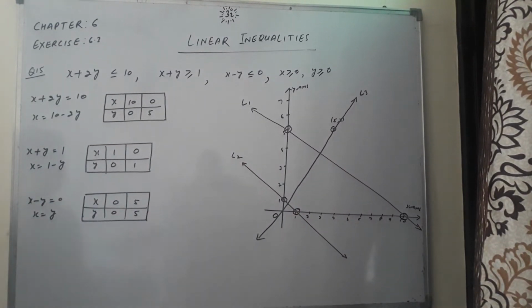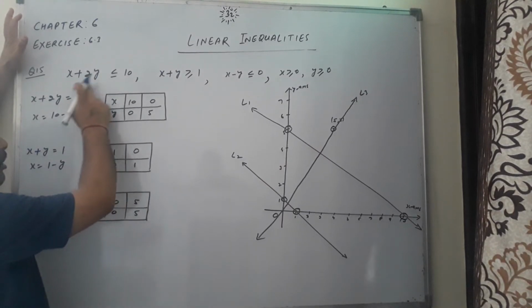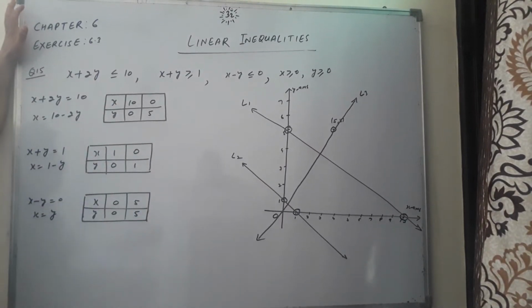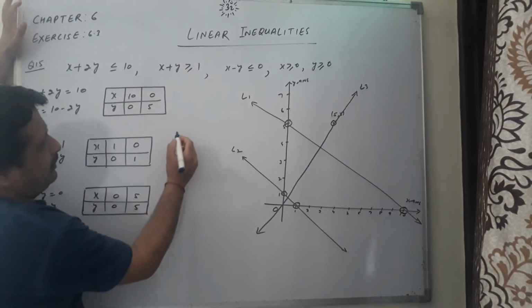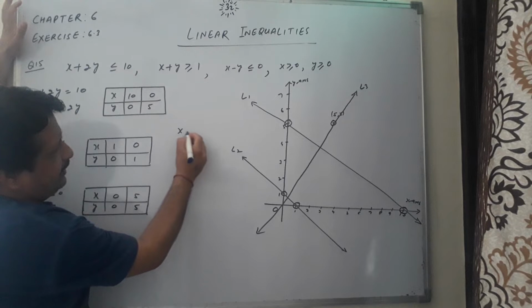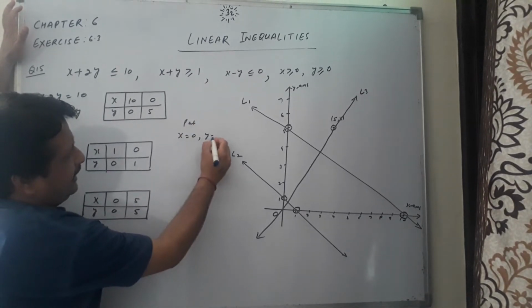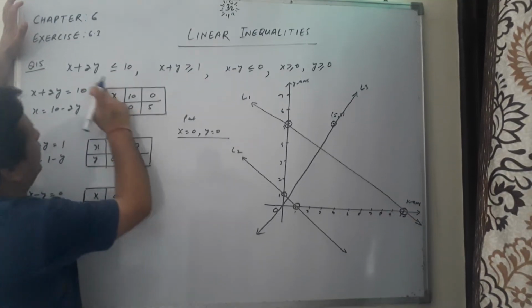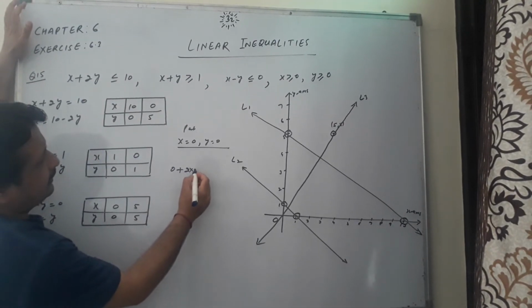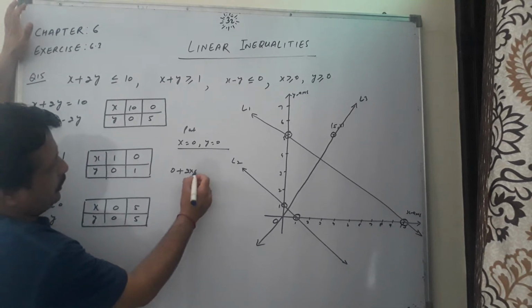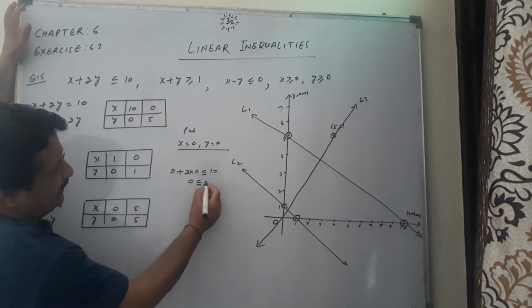Now students, we have to check where the shaded region is. So first we will check how to check it. Put x equal to 0 and y equal to 0 in the first inequality. 2 into 0 is less than 10, means 0 is less than 10.